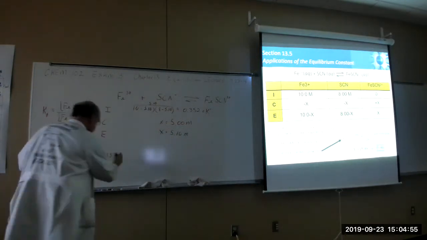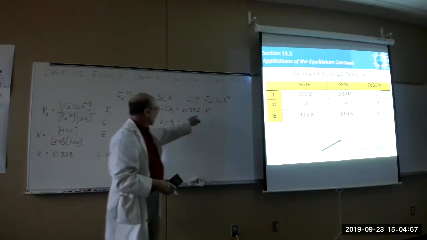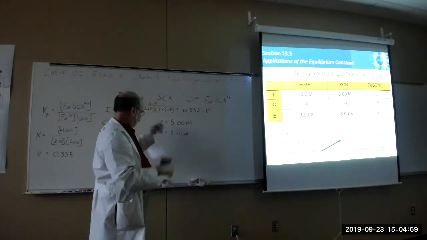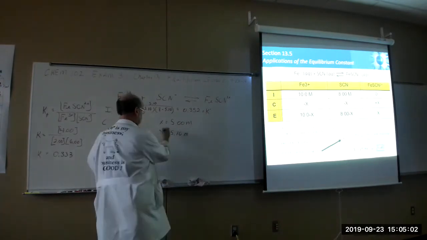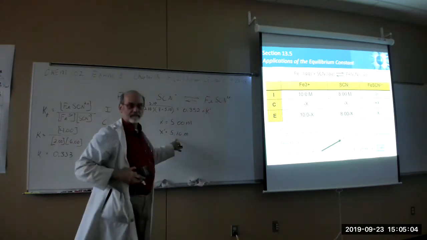So this is our true K. This is our calculated K using whatever approximation.